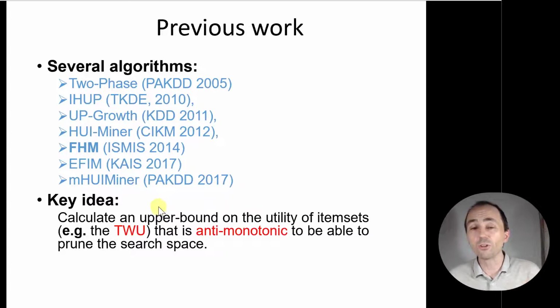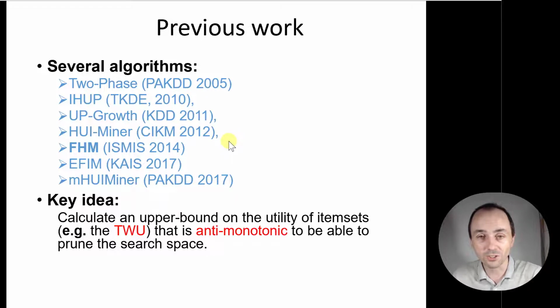Today I don't want to go into details about these algorithms because I explained this in other videos. I want to focus on what is new for the periodic high utility item set. If you want to know more specific details, you could check the paper or the other videos about high utility item set mining.